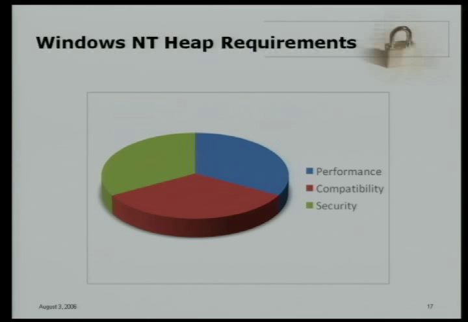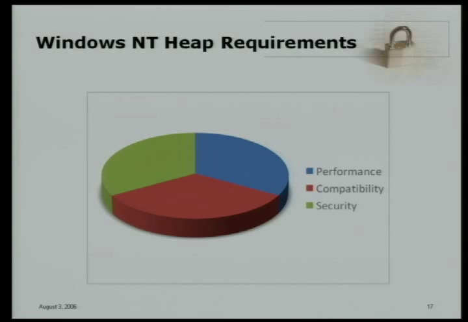But before we start making a lot of changes in the heap management, we have to look at this pie. These are the constraints we have when we go about changes here. From one side we have performance, which is very critical for high-end servers and also for client applications.